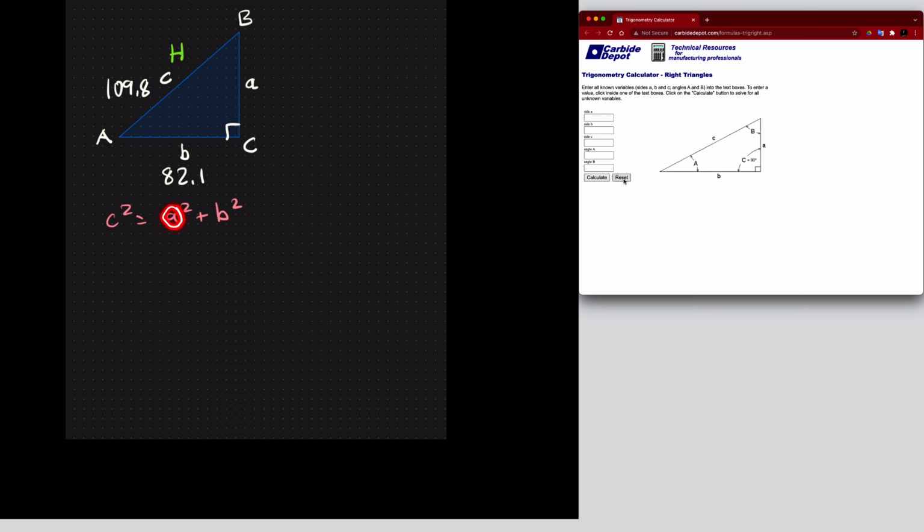So this is just basic algebra where I need to manipulate this formula so that it says A equals something. I need to isolate that A on one side of the equal sign, and everything else needs to be on the other side. Let's deal with this B squared first.